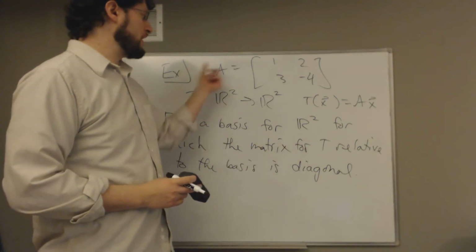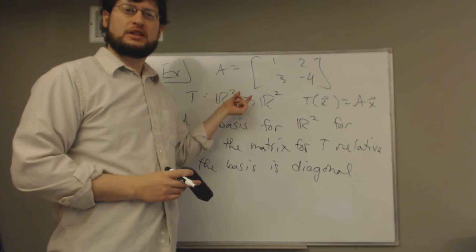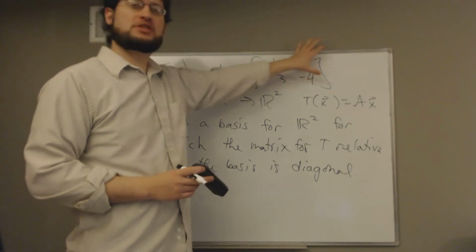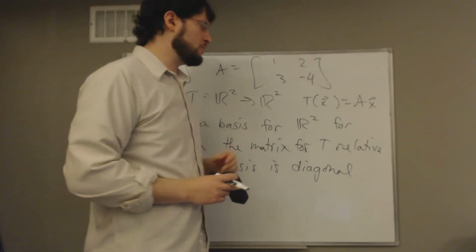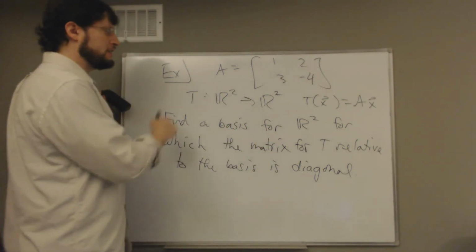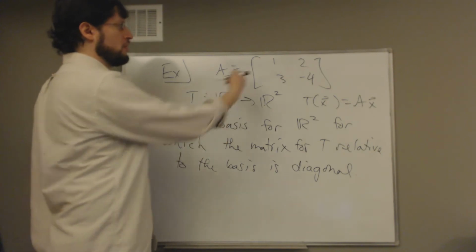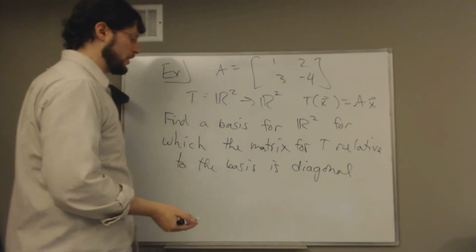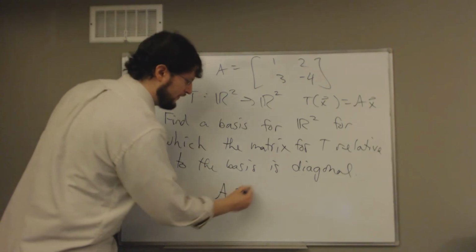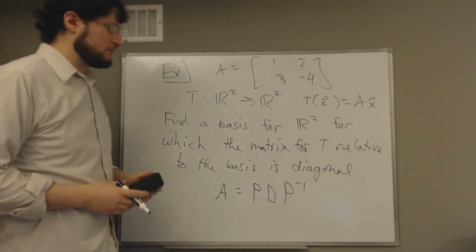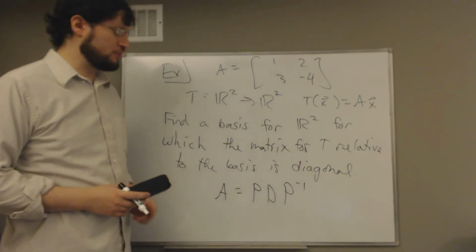We're looking to change our basis here so that multiplication by the matrix A corresponds to multiplication by a diagonal matrix. And the idea here is really all we're going to have to do is diagonalize this matrix, which comes from our last section. If A is P times D times P inverse, that is our diagonalization process.